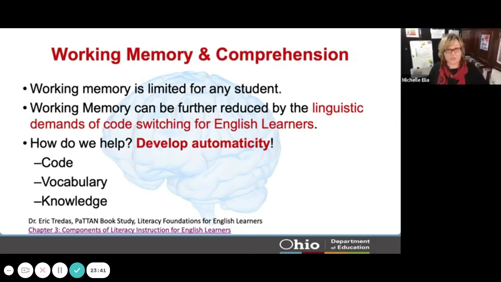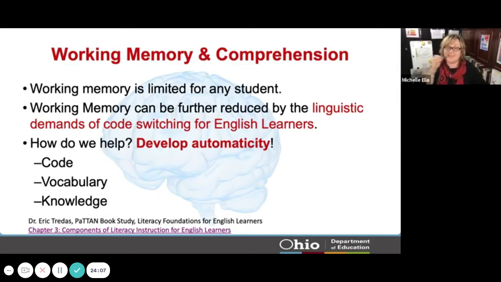And honestly, depending on how much is on your plate, adults sometimes struggle with working memory also. Even as adults, we can only handle about 7 new pieces of information, which is why Carolyn and I have built in stopping points to stop and process, because otherwise our working memory can only handle so much. So we know it's limited for all kids and all adults, but it can be further reduced by the linguistic demands of code switching for our English learners and our students who speak different dialects.